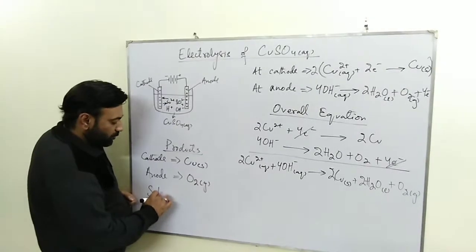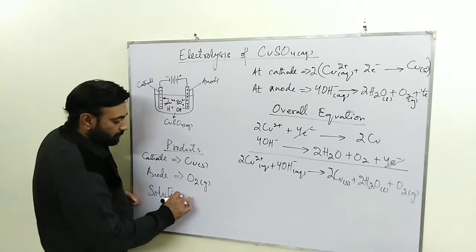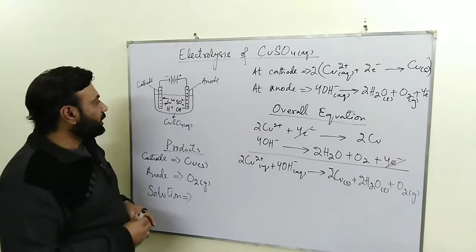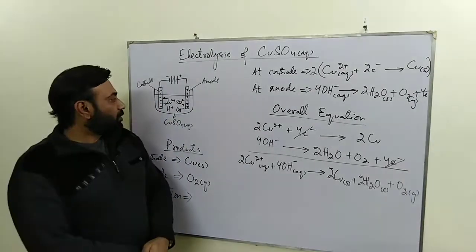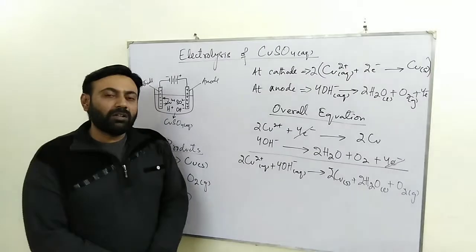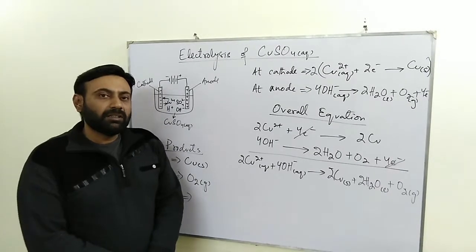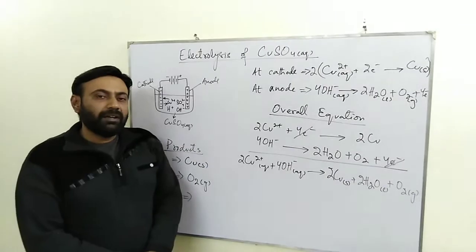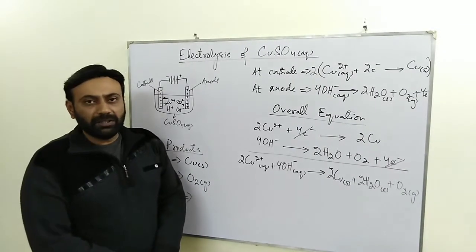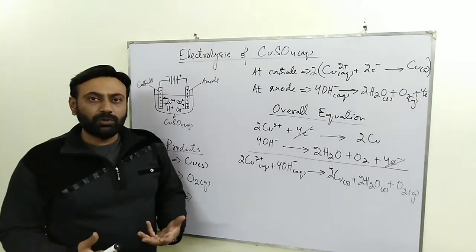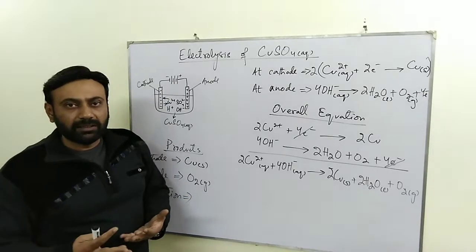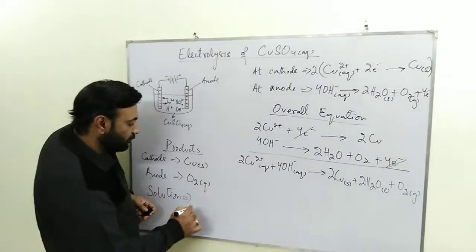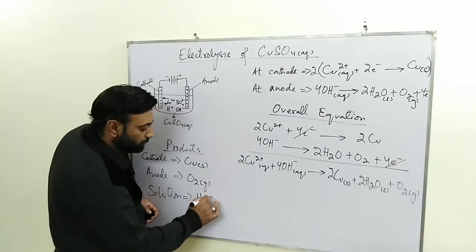Now in the solution, what remained in the solution? We can see that copper 2 ions were discharged, so hydrogen ions did not take part in the reaction. Similarly, sulfate ions did not take part in the reactions. They are still there in the solution, and they can simply combine with each other to form sulfuric acid. Hydrogen ions and sulfate ions form sulfuric acid, H2SO4.